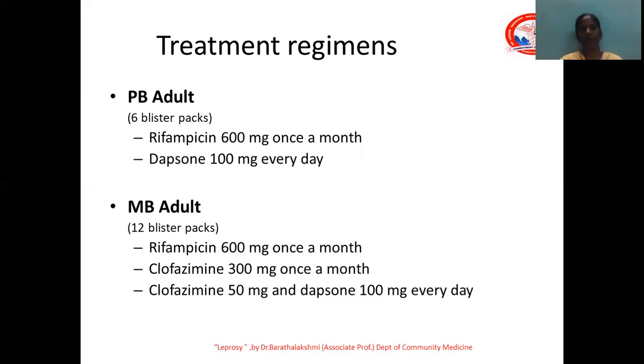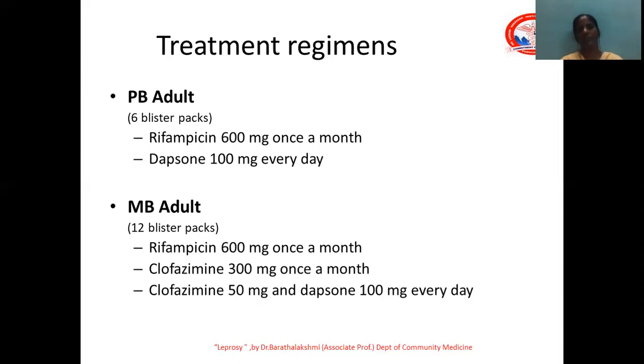So in this blister pack, what will be there? 1 dose of rifampicin, that is 300 mg as 2 capsules. Then 100 milligrams of dapsone, that is 30 tablets will be there. When the person comes on the first day, 2 doses of rifampicin and 1 dose of dapsone will be taken by the patient under the direct supervision of the health worker.